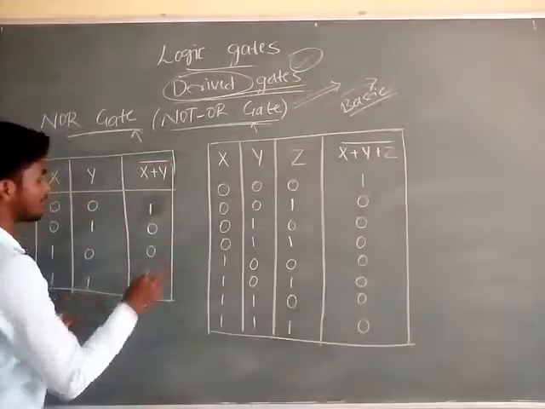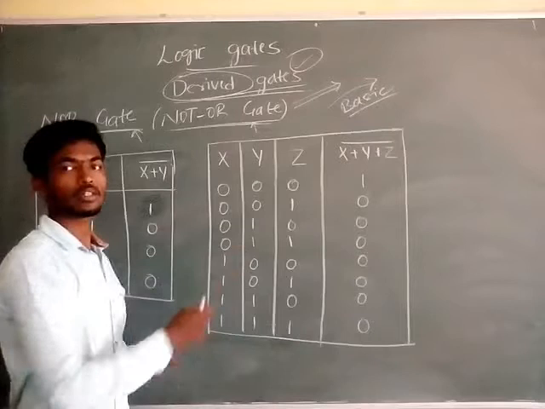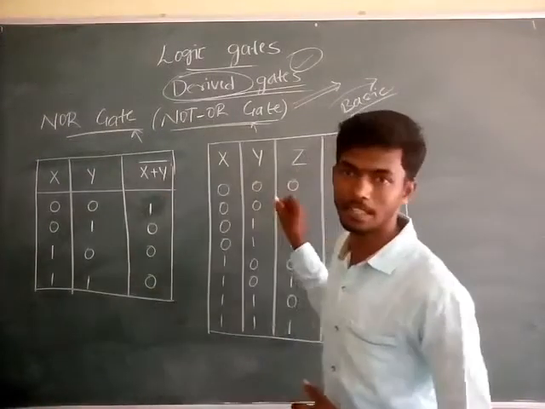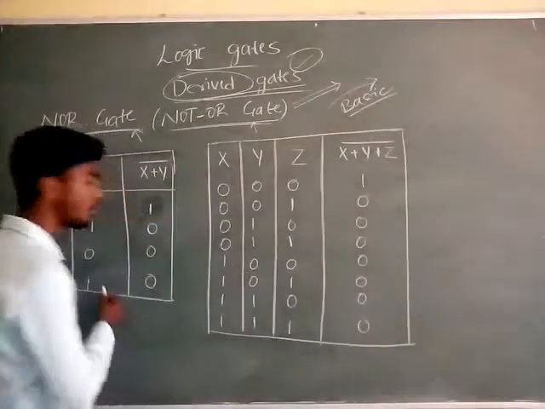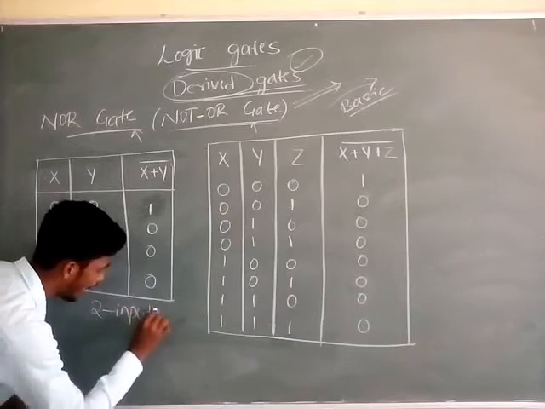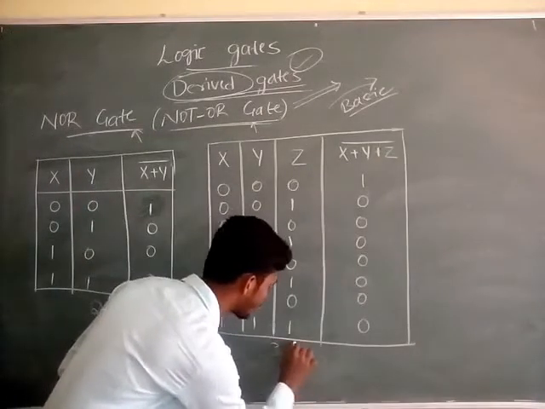Now let us see the truth table. These are the truth tables for an OR gate having two inputs and three inputs. This is the truth table for an OR gate having two inputs, and this is the truth table for a NOR gate having three inputs.